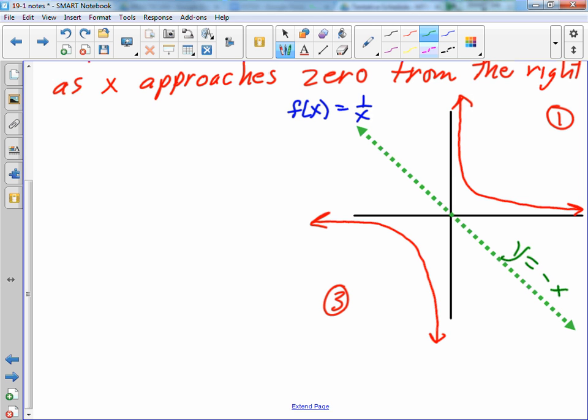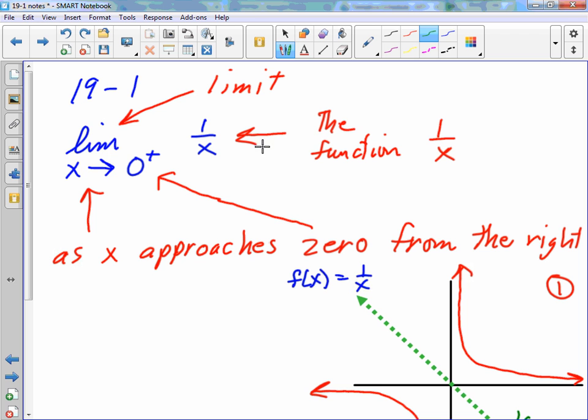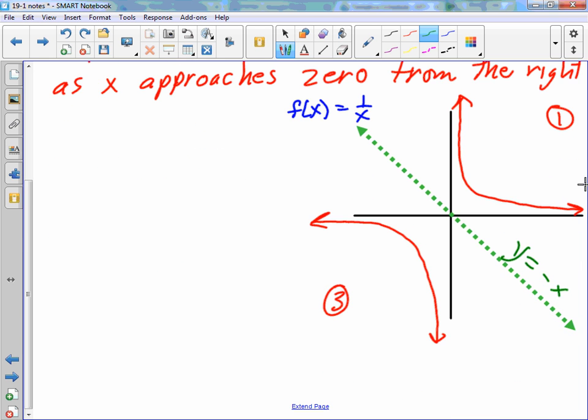So we're going to say, what's the limit as x approaches 0 from the positive side or the right side of the function 1 over x? So here's 1 over x. And we're saying as x gets closer and closer to 0, which is here, what's happening to y?